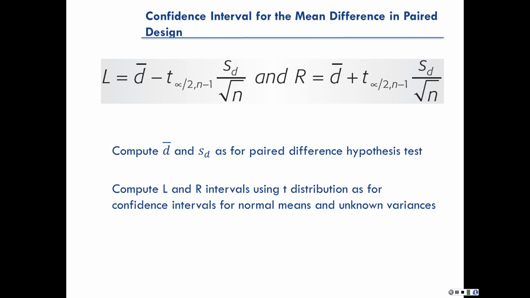The standard deviation in the formula is the same as the standard deviation you used in the prior slide for the paired difference hypothesis test. Otherwise, everything else in the formula and the way you compute it using the t-distribution is the same as what you did for the prior confidence interval for normal means and unknown variances.